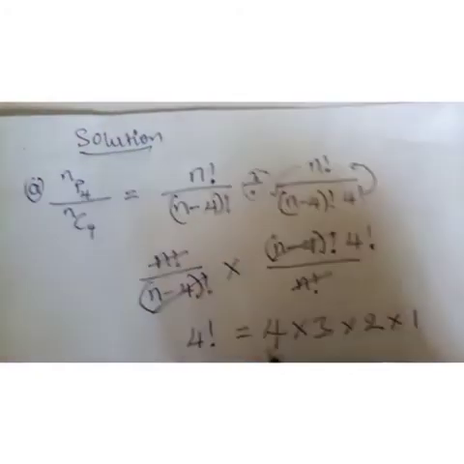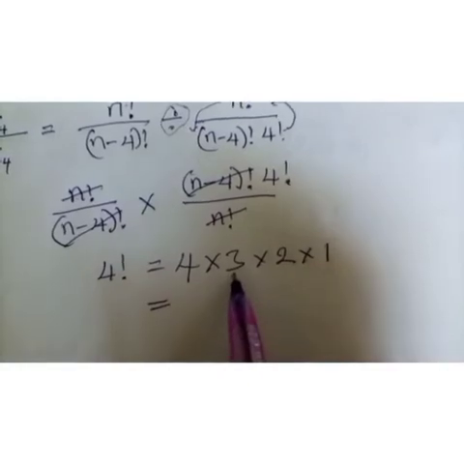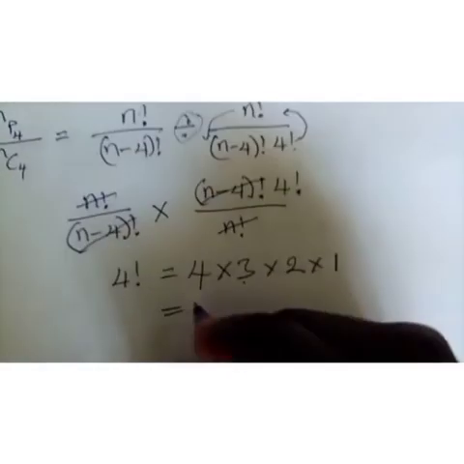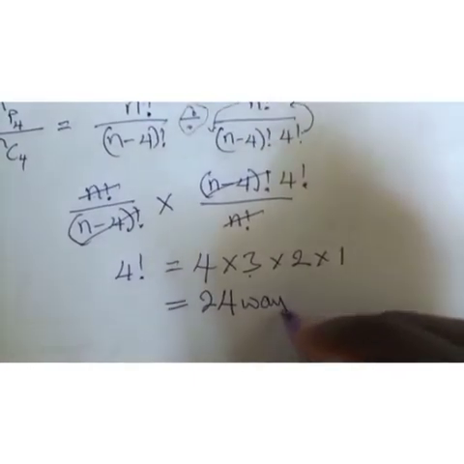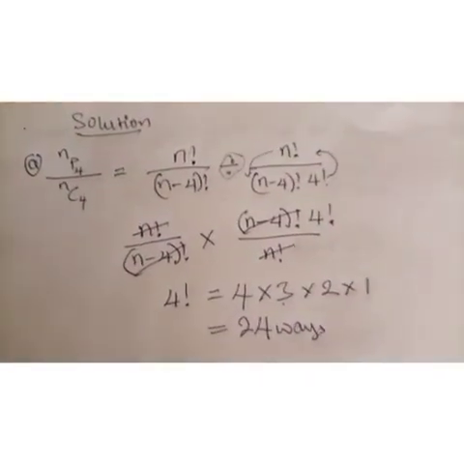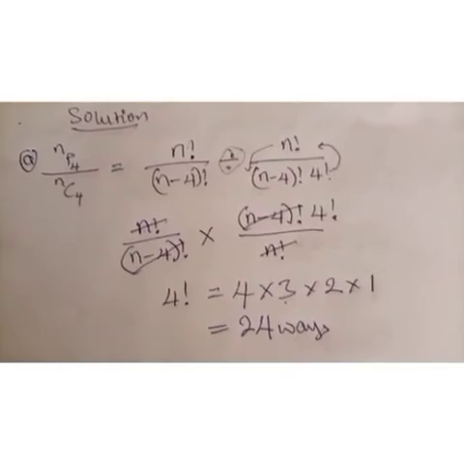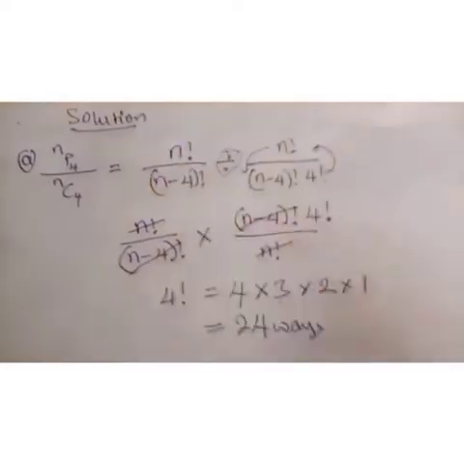So our answer will be 4 times 3 is 12, times 2 is 24 ways. Okay, very simple. Just pay attention. Everything about permutation and combination is very simple. This is the exam question.